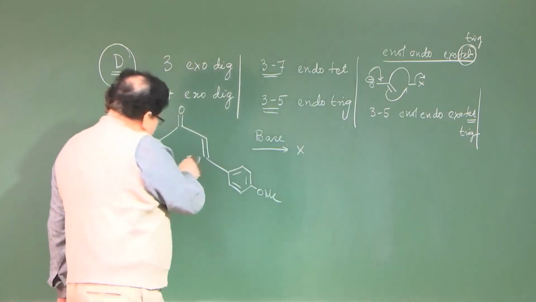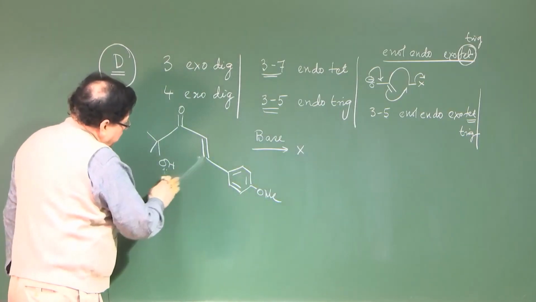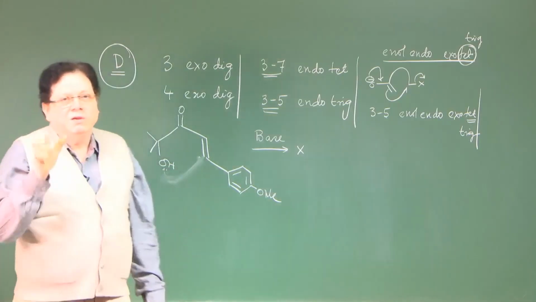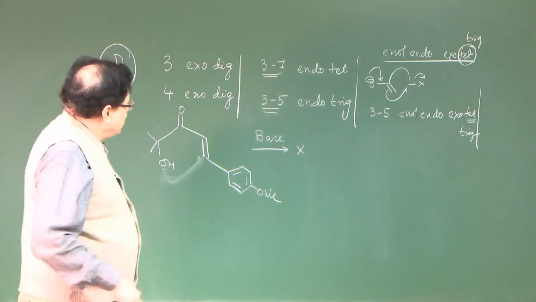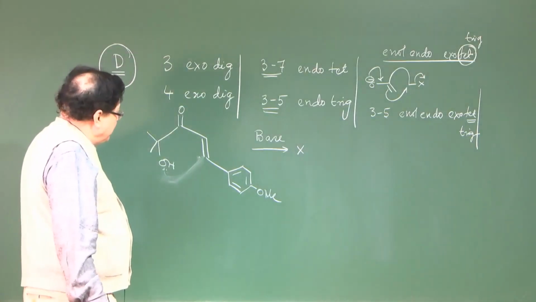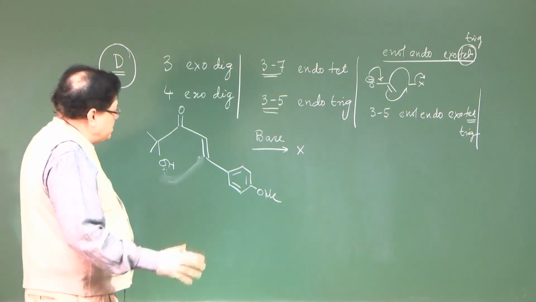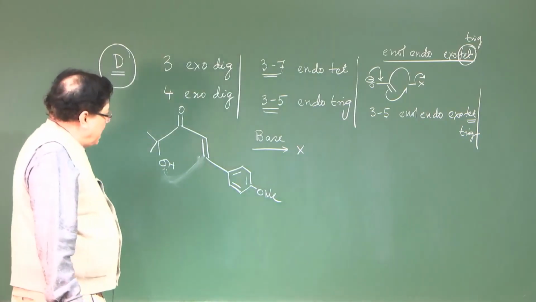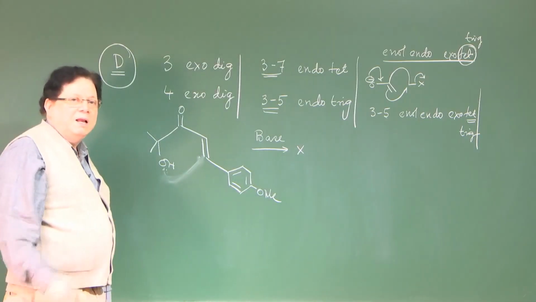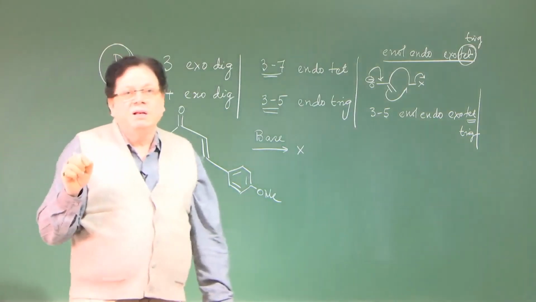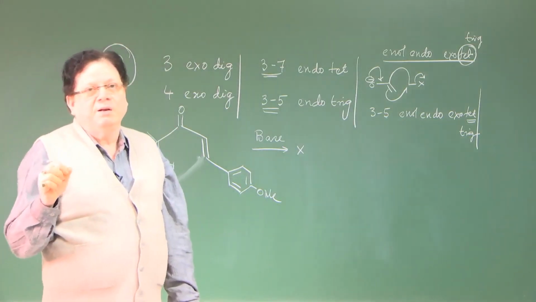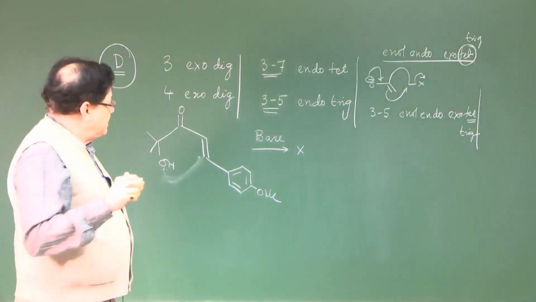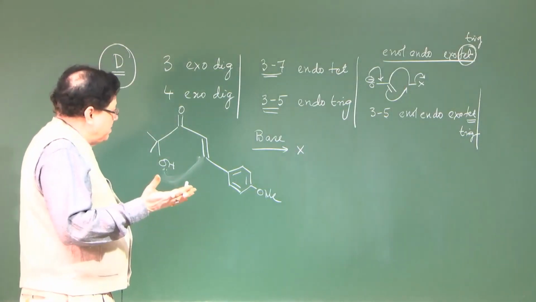So, the anticipated addition to give a 5-membered ring is not possible. This is not forbidden, sorry, this is disfavored as per Baldwin's rule. Again I repeat, it is not forbidden by any symmetry, that is why we are not using the word forbidden or allowed. We are saying favored and disfavored.